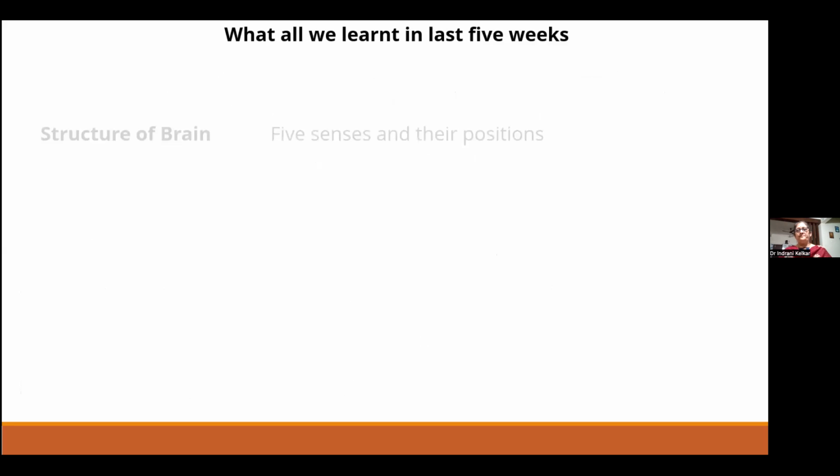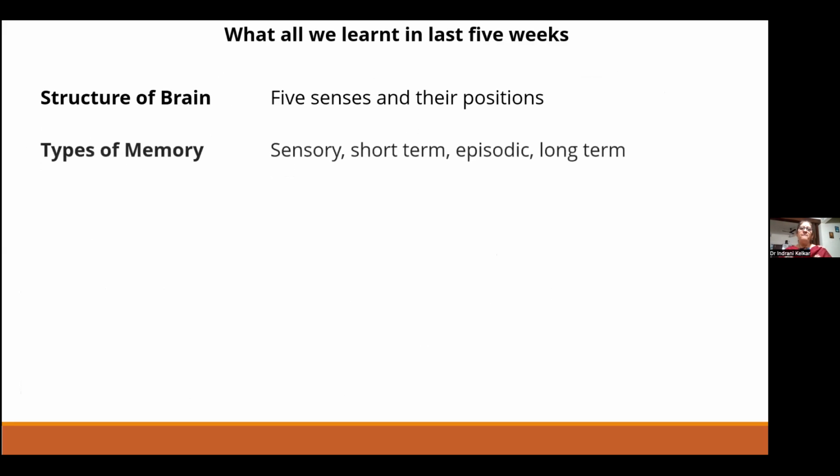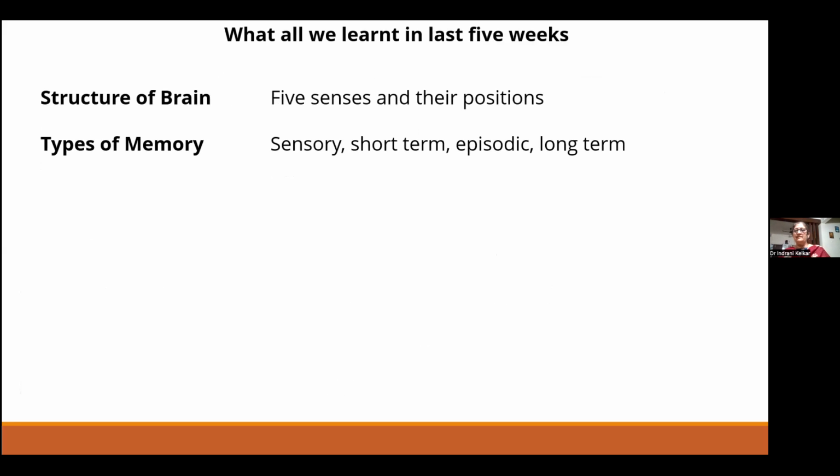Next is what all we learned in last 10 sessions. We learned about how the structure of brain is, how 5 senses put information to brain and where they are situated in. Then types of memory, the sensory memory, short-term, episodic and long-term are the ones important as students for you.